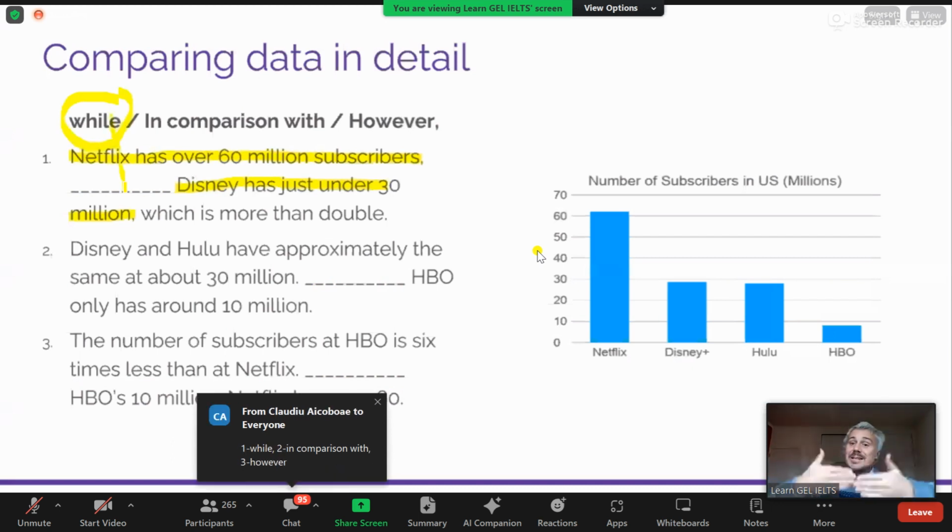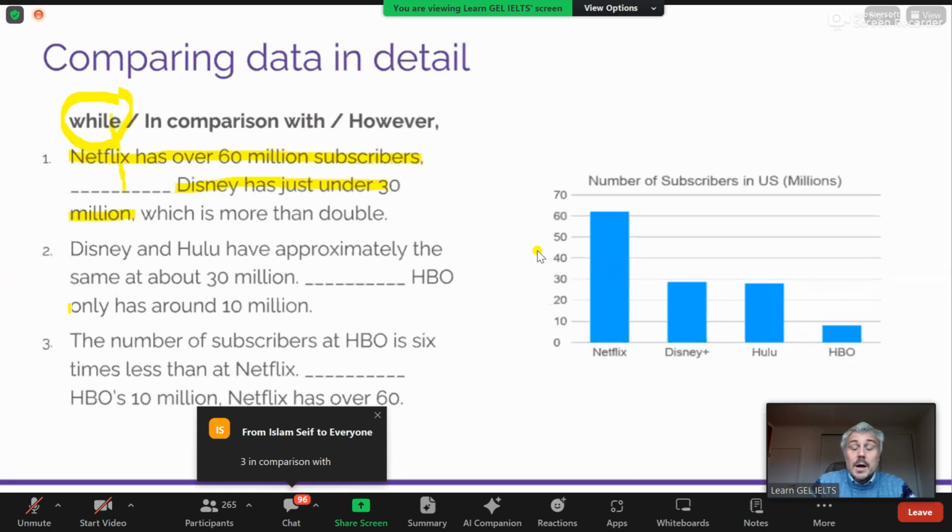Number two is two separate sentences. Disney and Hulu have approximately the same at about 30 million. Full stop. We finished the sentence. HBO only has around 10 million, a new sentence. So here we need to use however. It links two separate sentences.